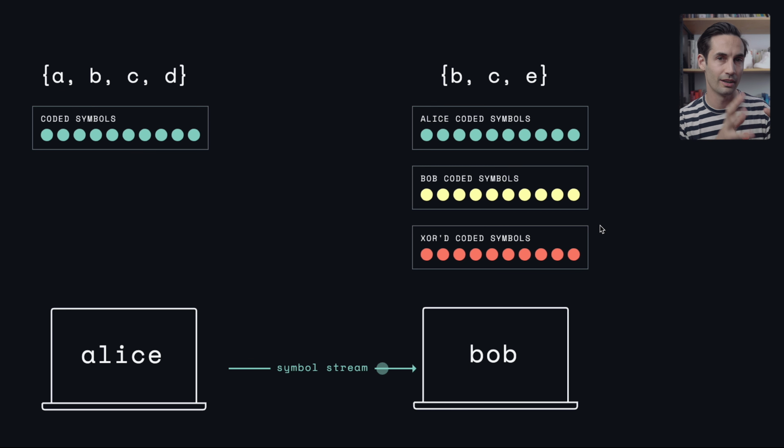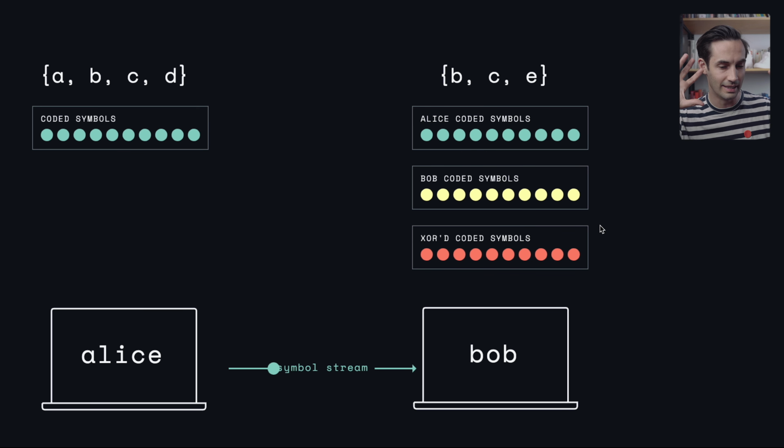And this is the magic of the whole thing. You now have a Bloom filter that can grow one element at a time, and that gets sent over the wire, and Bob just tries to peel it. The second Bob can XOR them both together and peel the XORed result, he knows he's done.